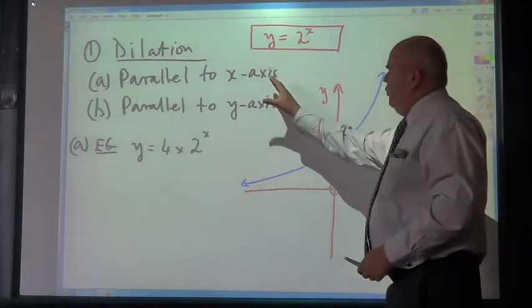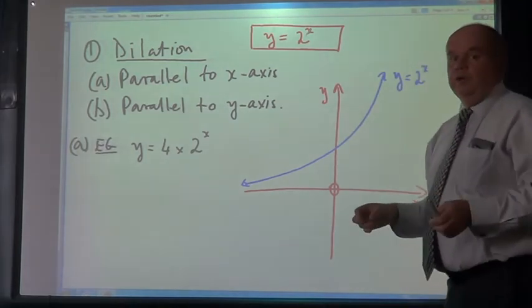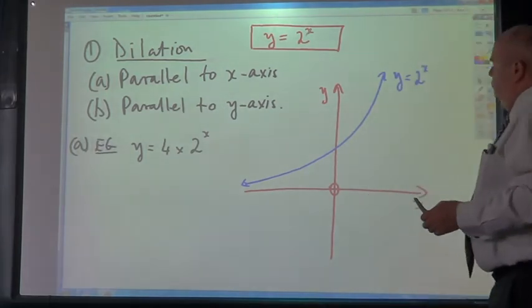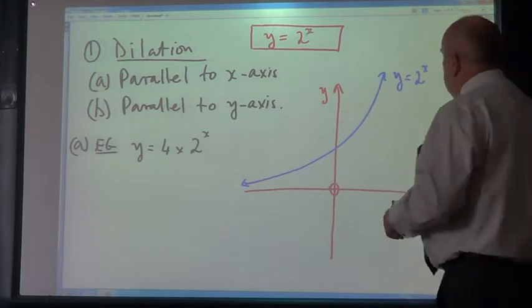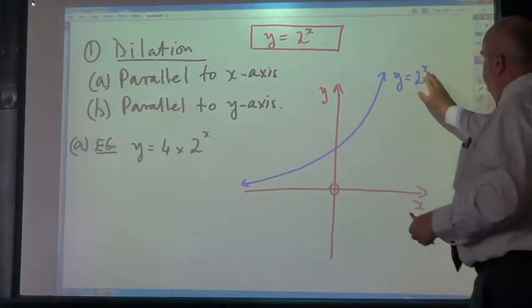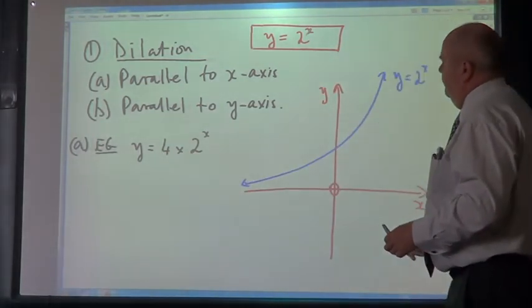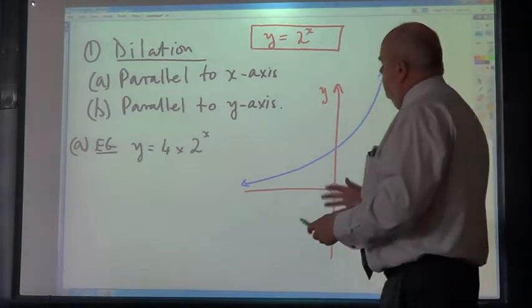For the sake of this exercise, I've selected y equals 2 to the power of x. I could have selected y equals anything to the power of x. It would be an exponential function, including e to the power of x, which would have been a good one too. But let's see what happens when we start dilating by putting some multiples in.